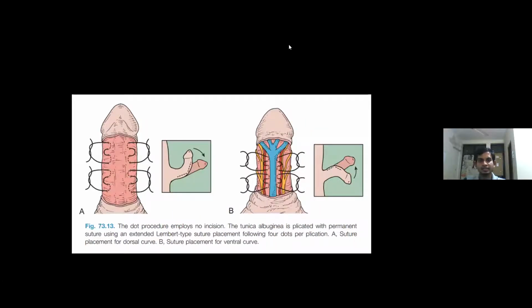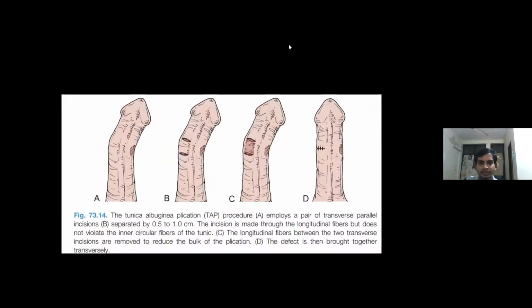This one has no incisions and is called the dot procedure: we use plication of the penis with Lambert type permanent sutures. All these methods need penile degloving. Another method is the TAP procedure, a type of tunica albuginea plication.